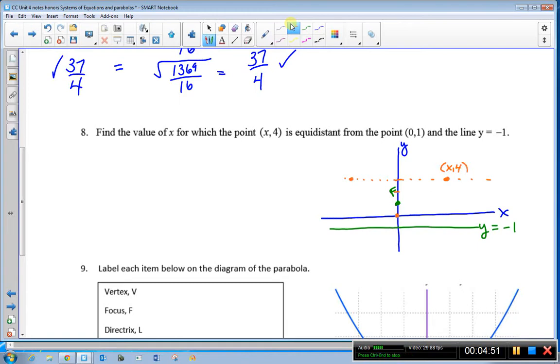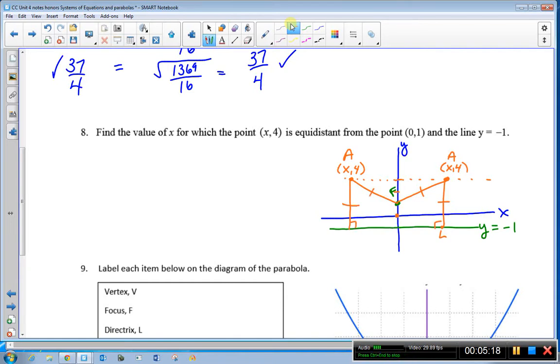Or over here, this point is (x, 4). That distance from, this would be A, to F, and here's A to L. So that distance should be the same there or here. Those are perpendicular.